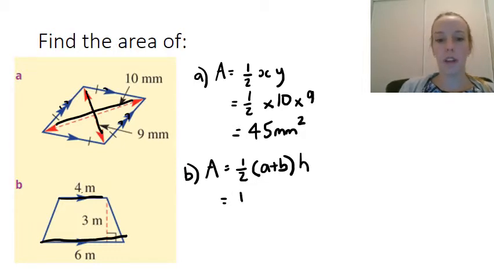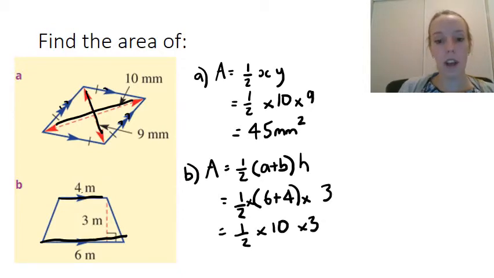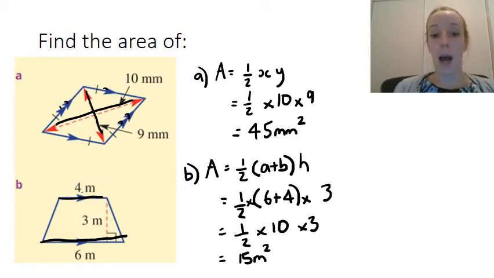So you can fill that in. It's 1/2 times (6 plus 4), times our height, which is 3. So that's 1/2 times 10 times 3. 1/2 times 10 is 5. 5 times 3 is 15 meters squared. And that's our area there for that one.